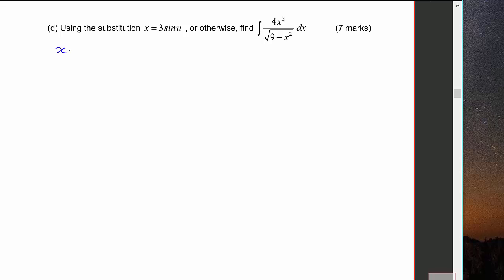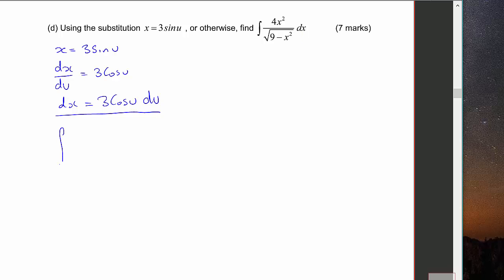Okay, this one is a bit of a beast. So we've got x is equal to 3 sine u, therefore dx du is 3 cos u, so dx is equal to 3 cos u du. So we can replace the dx. Now x is 3 sine u, so x squared would be 9 sine squared u.